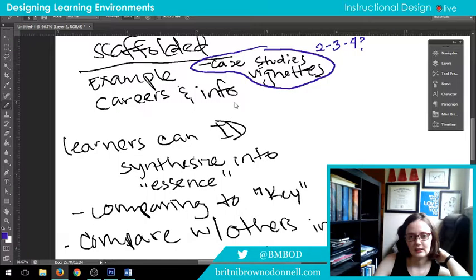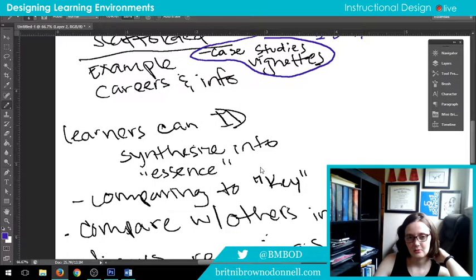And then matching keys to go with those. And then maybe a discussion guide, or like question prompts for the facilitator or for learners working with each other.